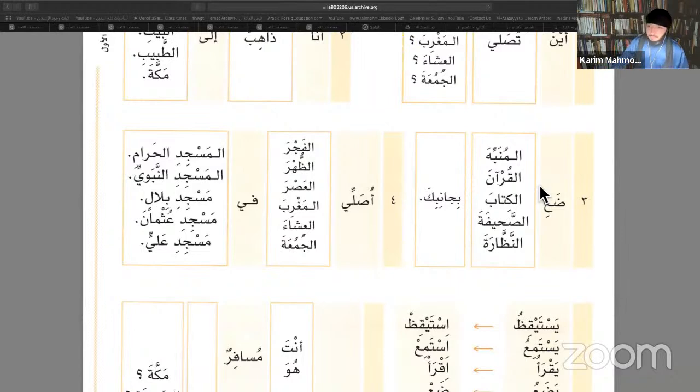Put the Quran next to you. Put the book next to you. Put the newspaper next to you. Put the glasses next to you. Great. Okay, last one for Asya. Come on, Asya.